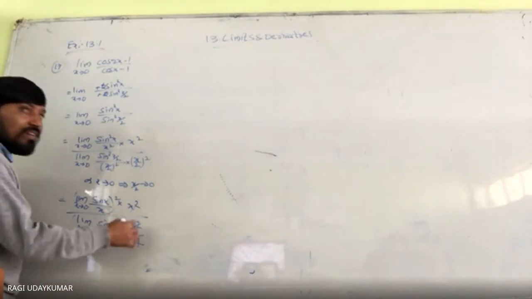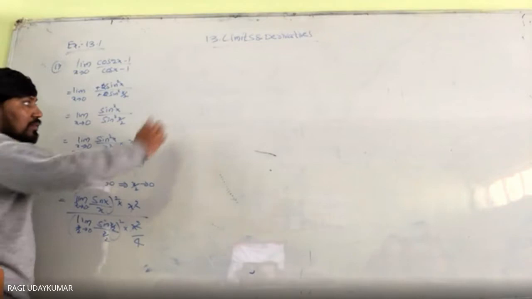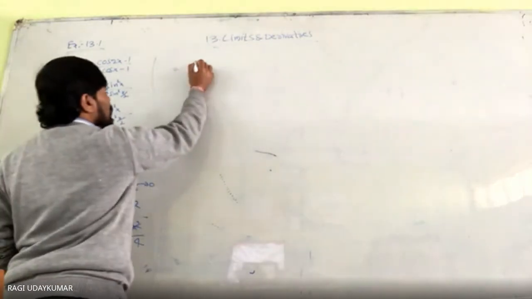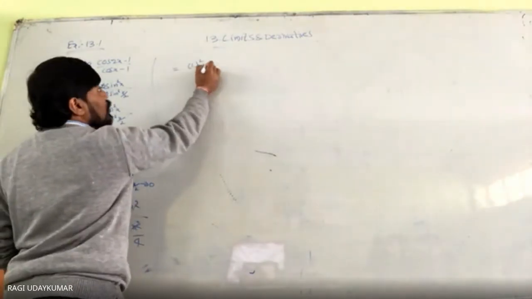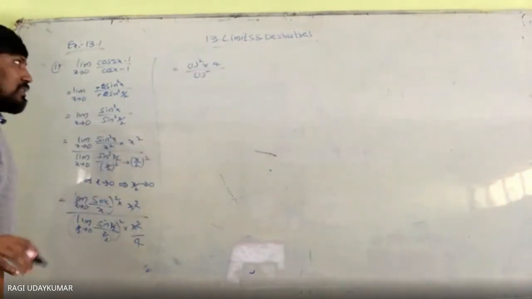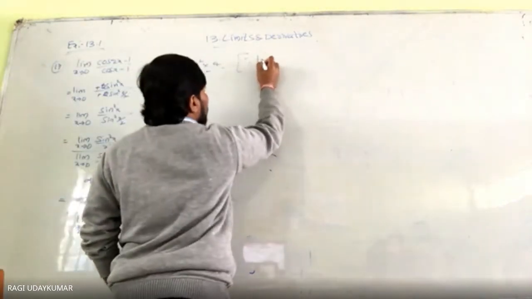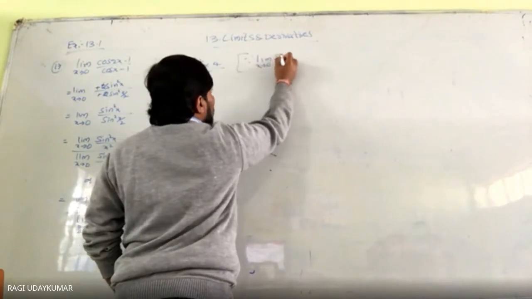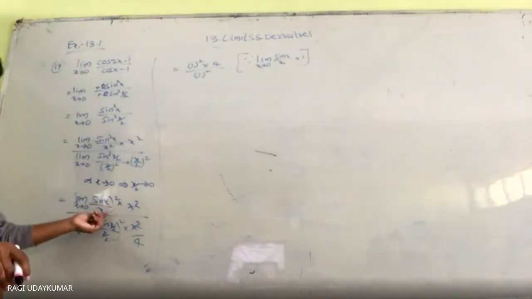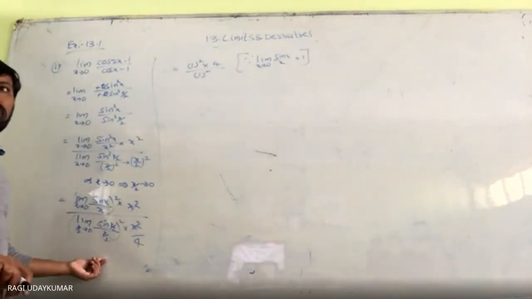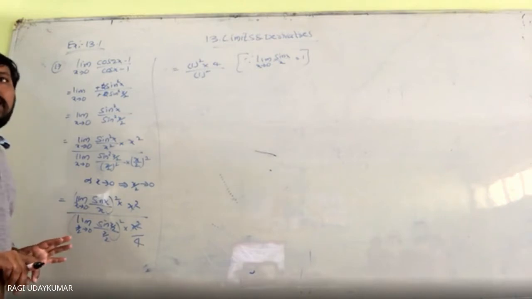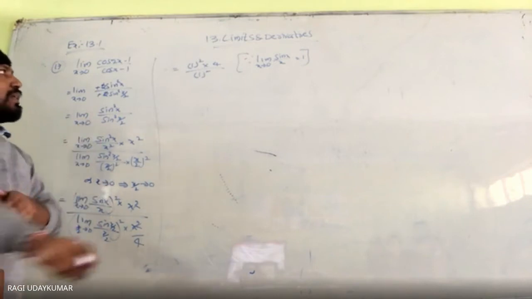The x square will get cancelled, and 4 will go to the numerator. So the final answer is 1 square into 4 by 1 square, because the limit of sin x by x equals 1. What you need is just to multiply and divide. That's all.